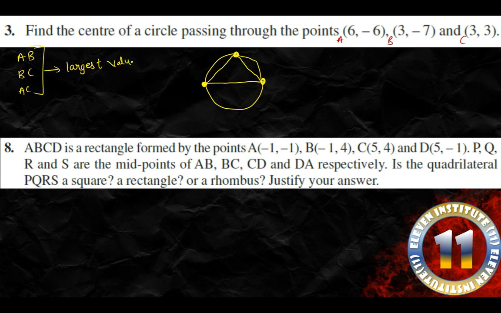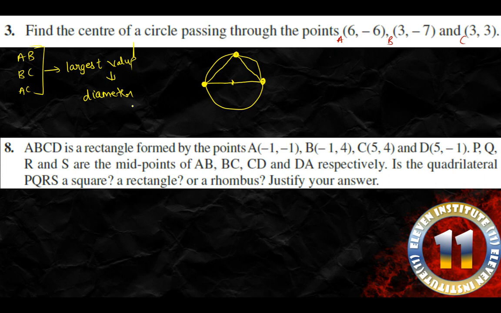That largest value is nothing but our diameter. But obvious, that largest value is nothing but our diameter. Fine. I hope it is understood. It is not necessary that it is always so, it can be different, but generally the largest value will be our diameter. So the midpoint of our diameter becomes what? The center.